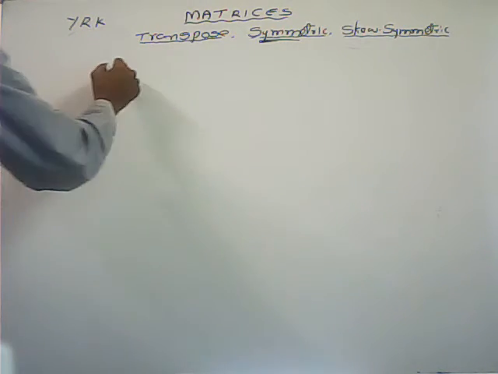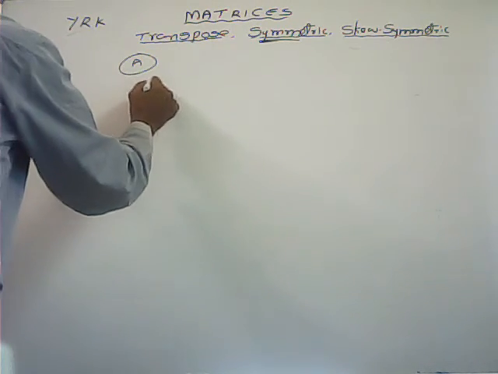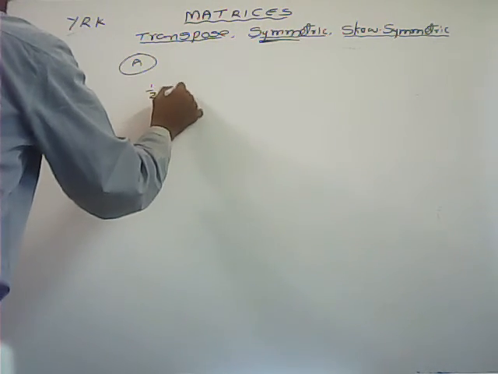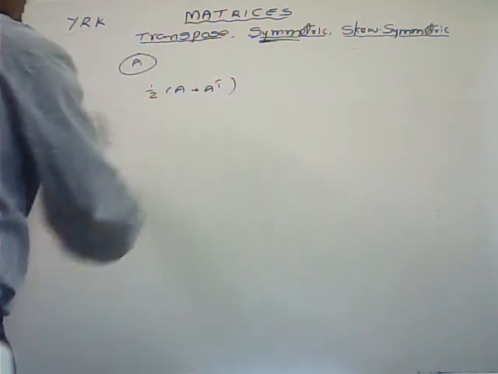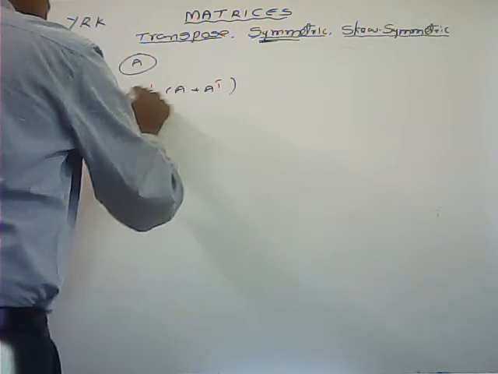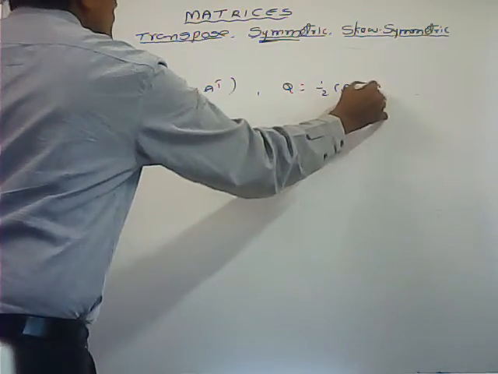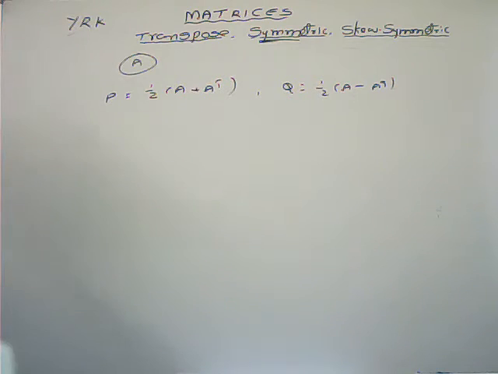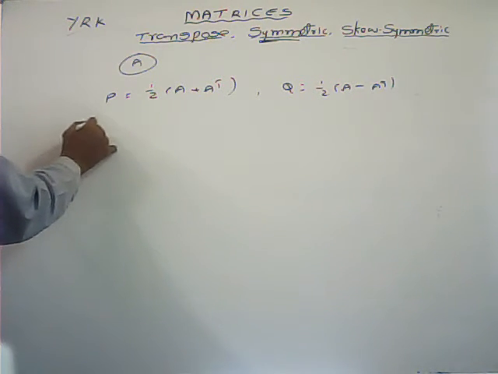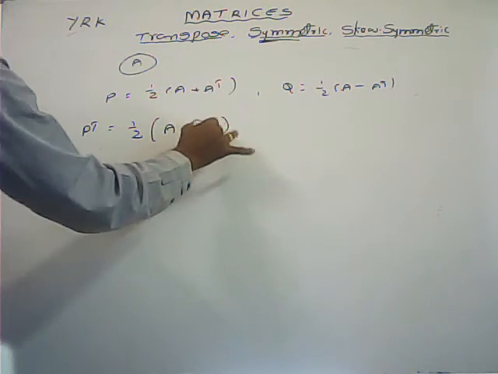For example, A is a square matrix and half of A plus A transpose, let this one be P, and Q is equal to half of A minus A transpose. Now I am finding P transpose, which is equal to half of A plus A transpose whole transpose.